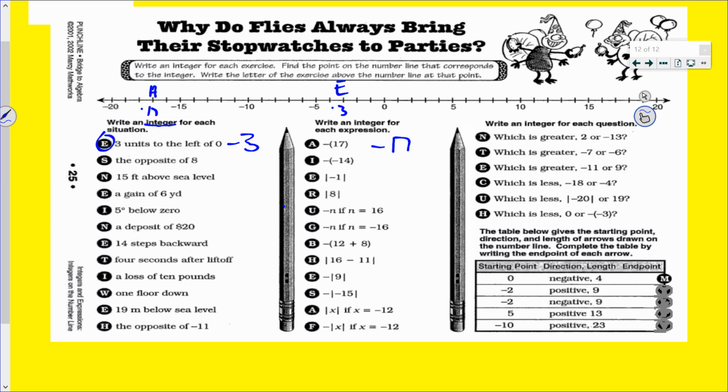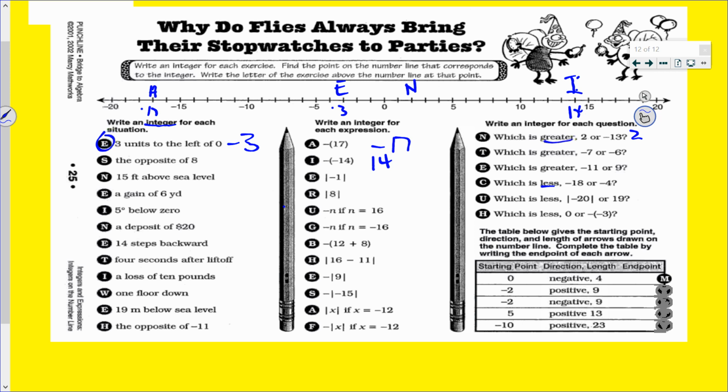The next one would be, what is the opposite of negative 14? 14. So at 14, I'm going to put the letter I. Does that make sense? This one should be really easy. What is greater? The key here is make sure you focus on the word. What is greater, 2 or negative 13? 2. So 2 gets the letter N.